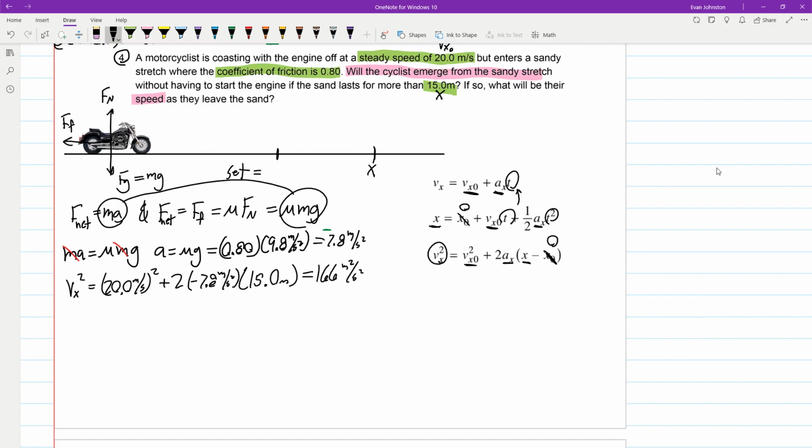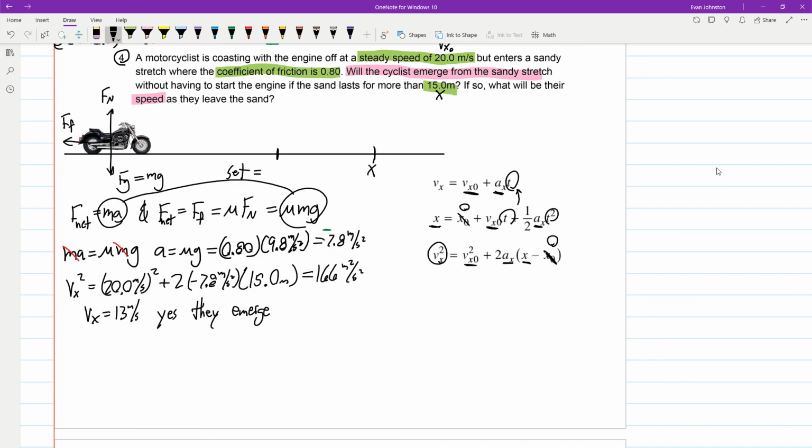So looking at that, that tells me that our x velocity, how fast the motorcycle is going at the end of this 15 meters, is actually 13 meters per second. And so really in the end, their speed is not 0. It is not 0. And so since they're still going along it, yes, they totally emerge. So will they emerge? The answer is yes.